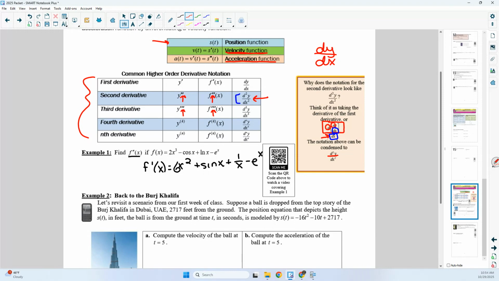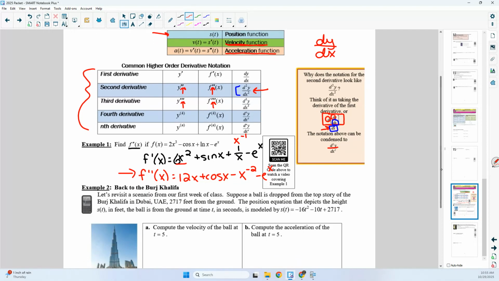And then the second derivative, or the rate of change of the derivative, I'm going to go through the line again. This is going to give me a 12x plus cosine x. Derivative of sine is cosine. This is x to the negative 1, so I'm going to get minus x to the negative 2. And then we know e to the x stays the same. So that is the second derivative.